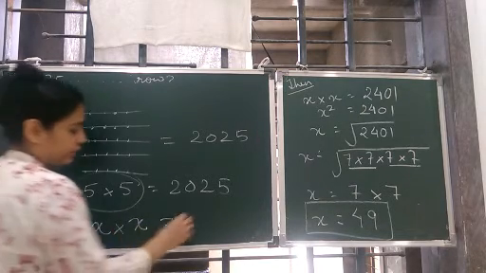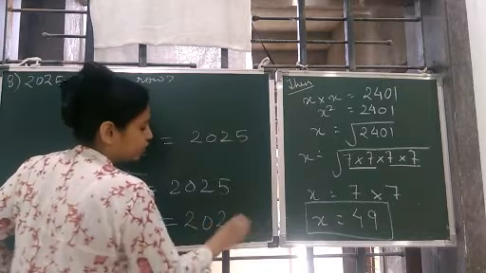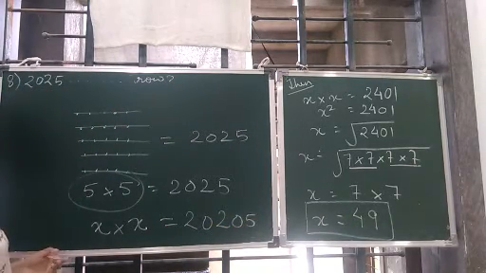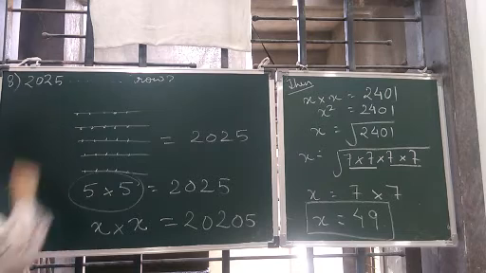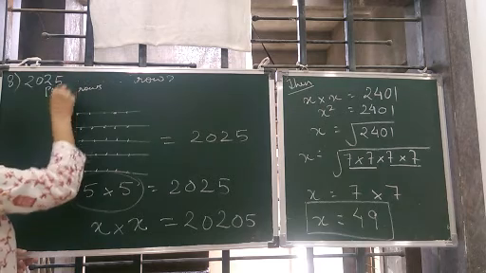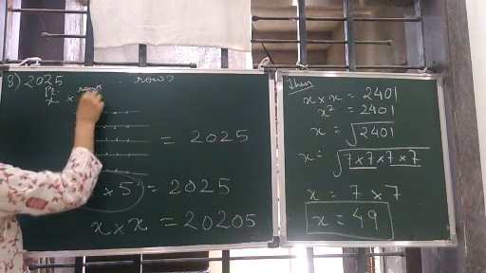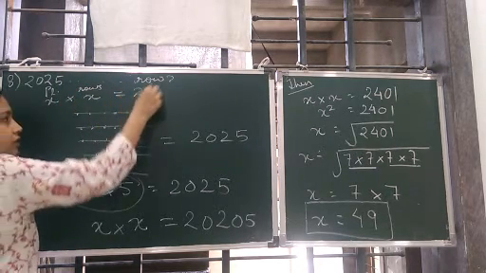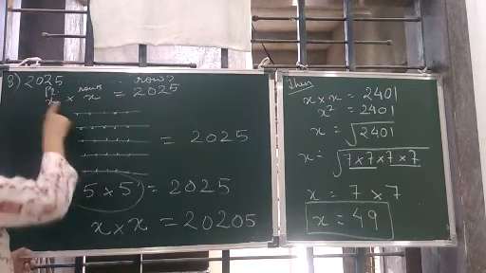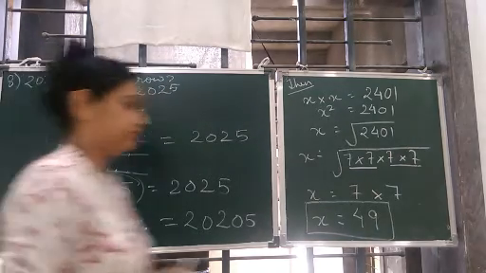So x rows into x plants will give us 2025. Got it? So this is the explanation of the question which I am writing here. Plants, rows. So x rows into x plants give us this many plants. We have to find the value of x.